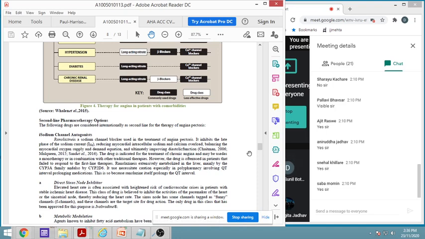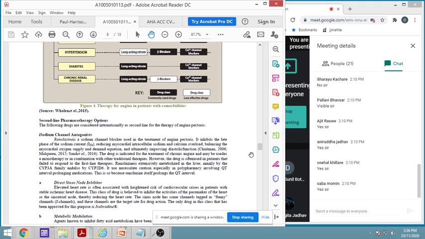It inhibits the late phase of the sodium current, and this will reduce the sodium and calcium overload in the myocardial cells.